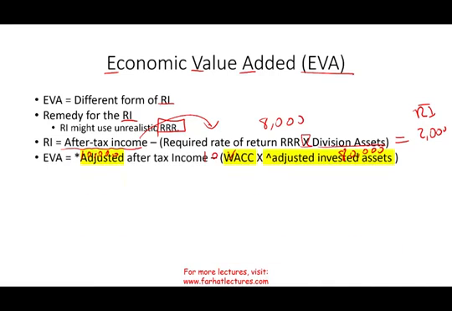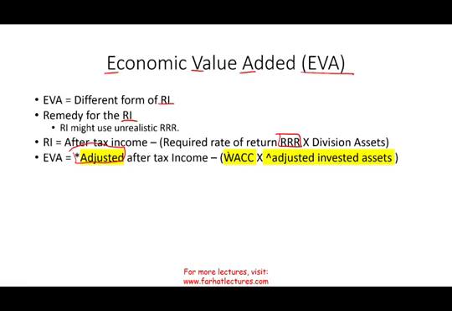What's going to happen when we compute economic value added is the same concept with slight adjustments. Rather than using after-tax income, we're going to be using adjusted income. We're going to make some adjustments to income. Rather than using the required rate of return or the hurdle rate, we're going to be using something called WACC, weighted average cost of capital. I'm going to be defining those in a moment.